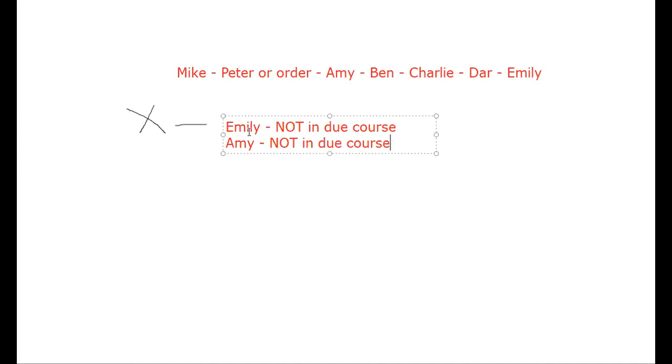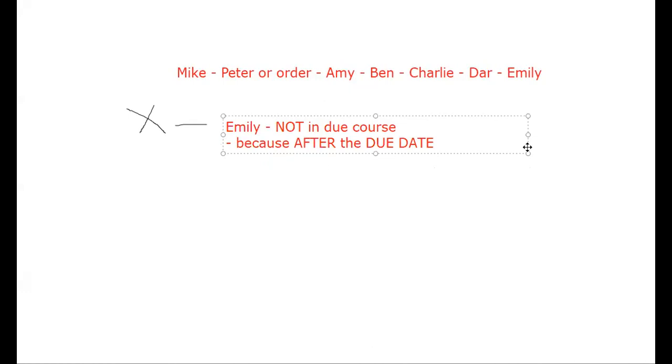But how about if X was now able to present evidence that Emily is a holder not in due course because she became a holder of the instrument after the due date? That is her reason. At the time you received the instrument, it was already mature. One of the requirements to be considered a holder in due course is that you should have received the instrument before maturity.